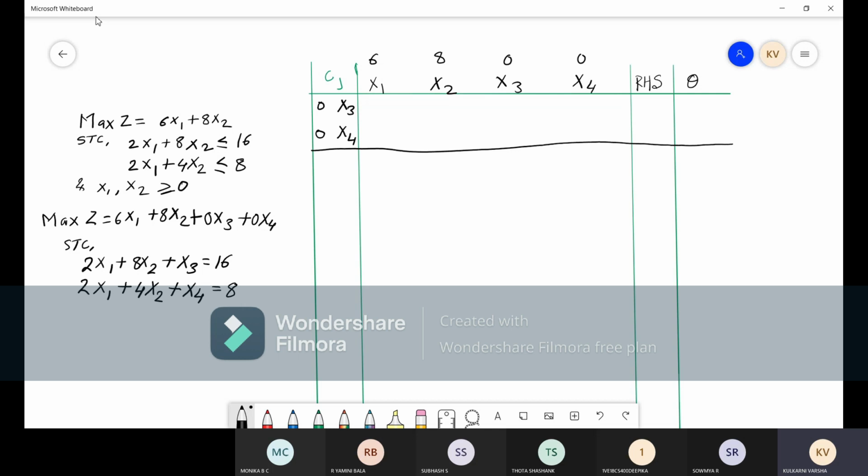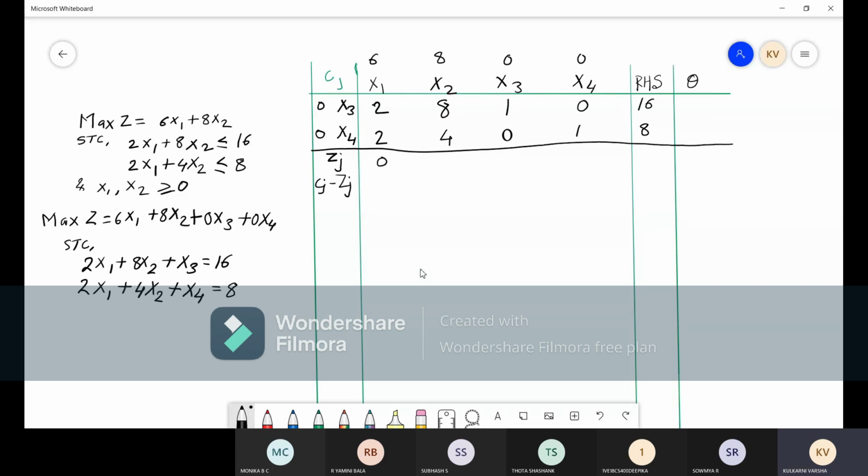And now the initial matrix. We'll write the coefficients here: 2, the coefficient here is 8, here is 1, here 0, RHS is 16. In the second equation, the coefficients are 2, 4, 0, 1 and 8, right? Then we need to calculate Zj, and then we need to calculate Cj minus Zj.